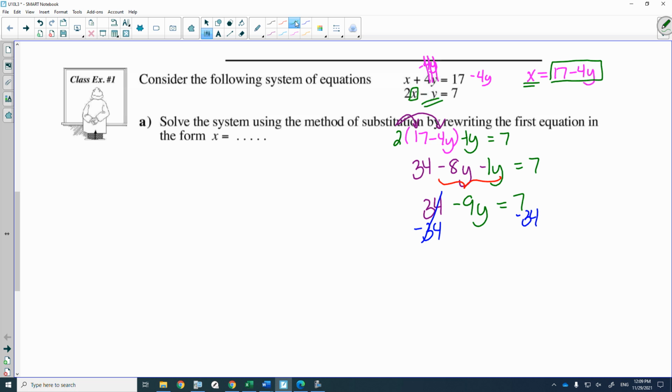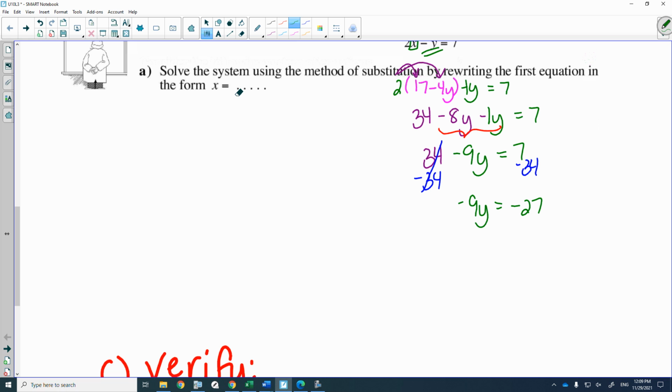Then you would have -9y is equal to 7 minus 34, which is -27. How do I isolate y? Divide by -9. And now I have y is equal to two negatives will give you a positive, and my y is 3.